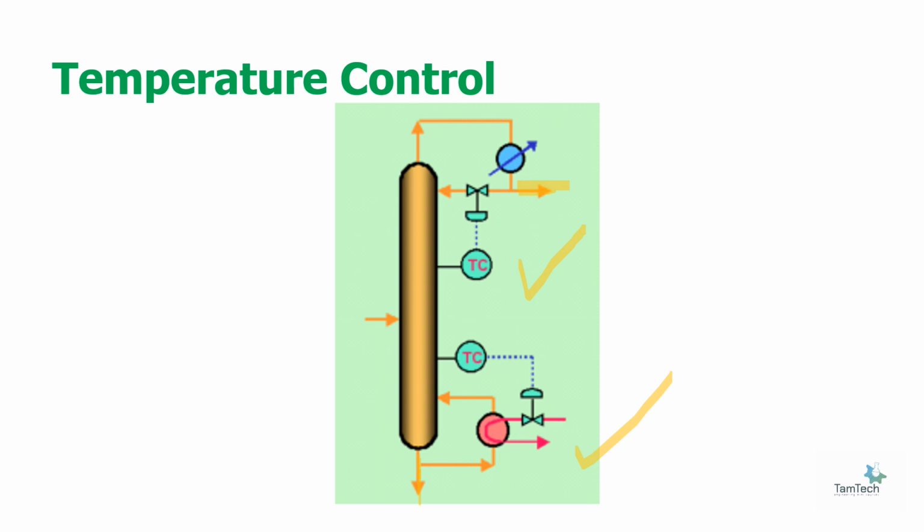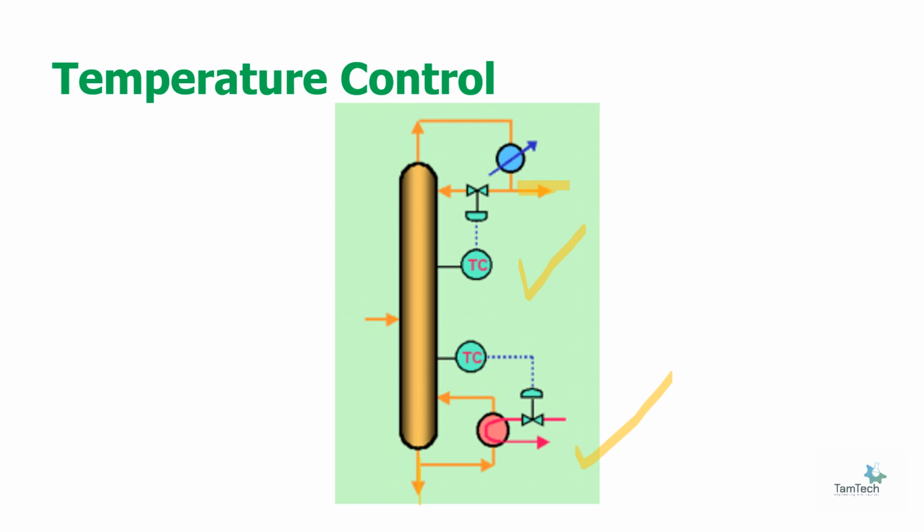So if I tell you the control variable is distillate composition, then your manipulated variable is your distillate flow. Then the disturbance variable is your feed flow. Coming to the bottom composition, here your manipulated variable will be your bottom flow, and your disturbance variable will be feed composition, or again the feed flow.